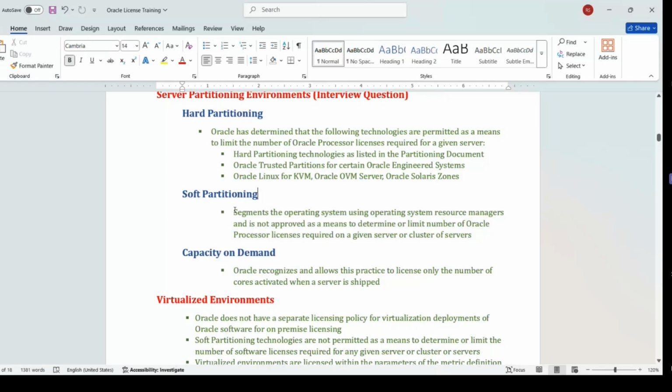But as per the soft partitioning rule, they are qualified versions, meaning what we call server versions. If you are installing on a physical machine, it must be licensed. If it is a separate physical machine, I'm not talking about any network machines. Any cluster, so the given server or cluster must be licensed.